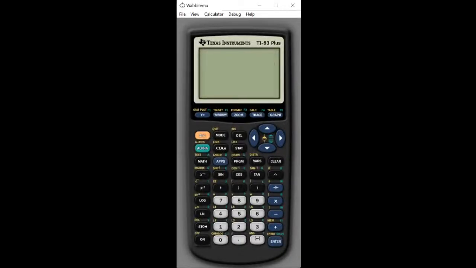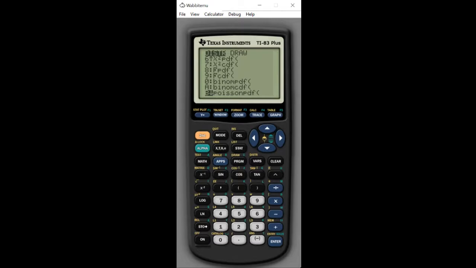So let me stop sharing this. Let me come back over here and get my calculator. Here we go. Let me turn it on for you all. I'm just going to clear my screen. The way I get to the Poisson Pdf is the same way we got to the binomial: second, bars, scroll, scroll, scroll.